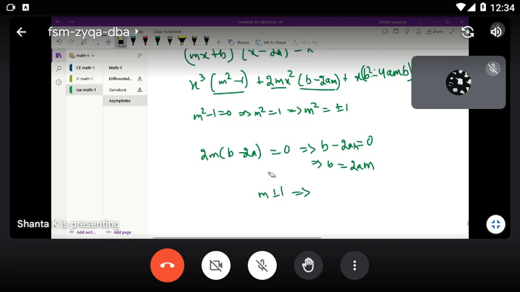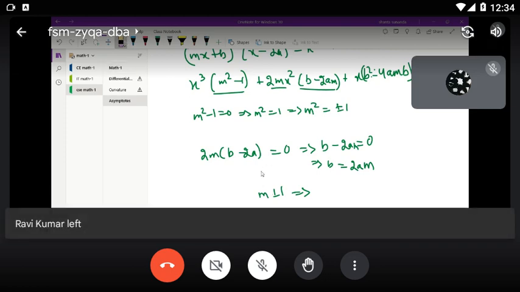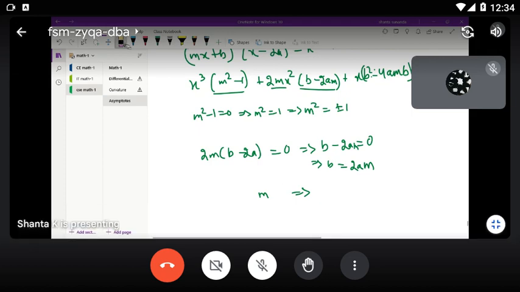Okay, so the term is b minus am only, not 2a.